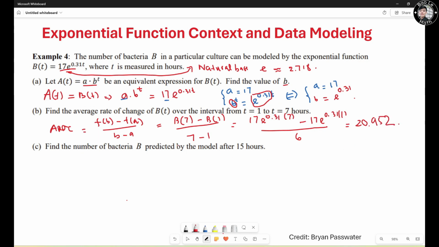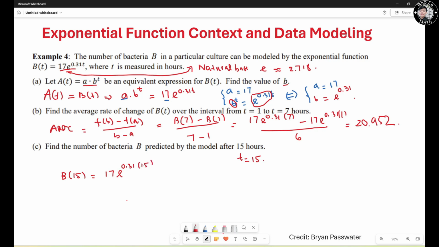Alright, let's move on to question C. Find the number of bacteria B predicted by the model after 15 hours. So 15 hours, which is t equal to 15, right? So we just substitute over here. So we have B of 15 equals 17 times e to the 0.31 times 15 right here.